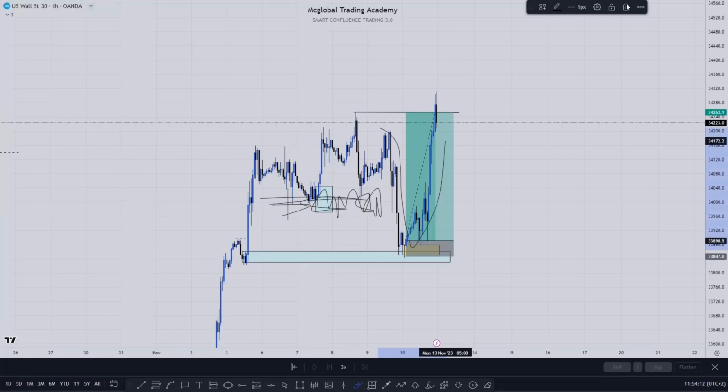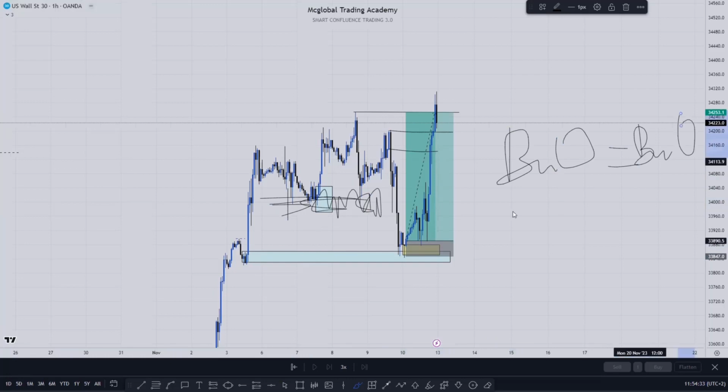So most people, where they make a mistake here is selling here on this bearish order block. That's a bearish order block, yes. But is it in alignment with structure? Structure is in a bullish order flow, and if you're in bullish order flow, you must take bullish order blocks. You are busy taking a bearish order block while you're in a bullish order flow market.